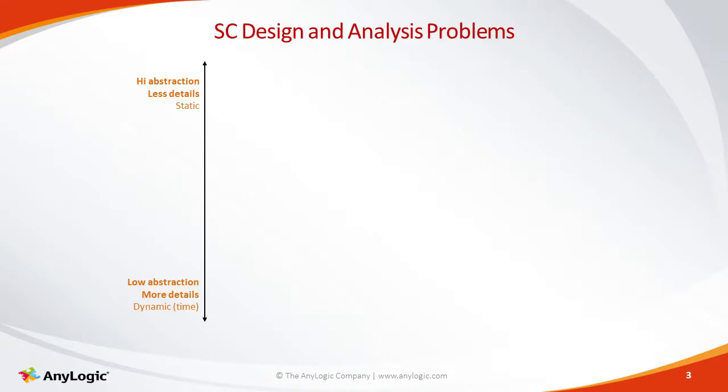And if we try to map the supply chain problems to the level of abstraction, to the level of details needed to solve the problem, we get the following picture.